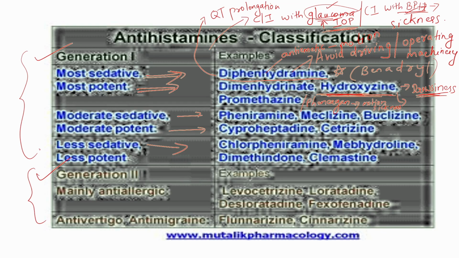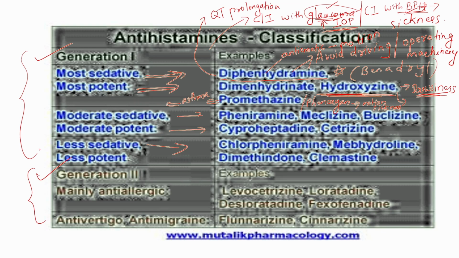Then with promethazine we should be very careful when giving it to patients with asthma, because promethazine is a first generation drug. Because of the anticholinergic property, it can cause thickening of the bronchial secretions.